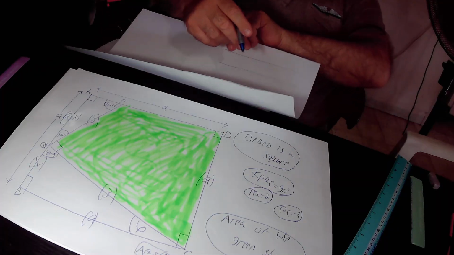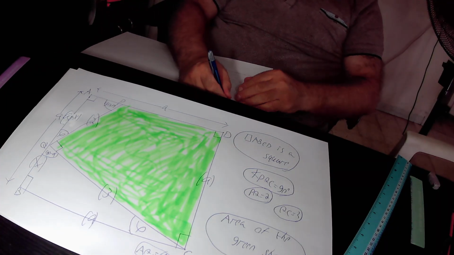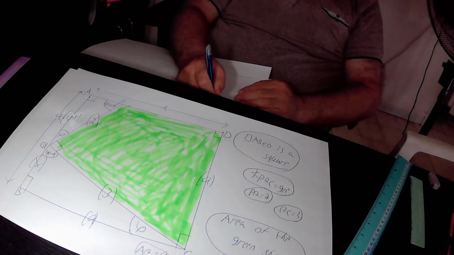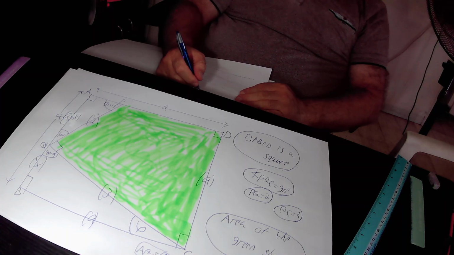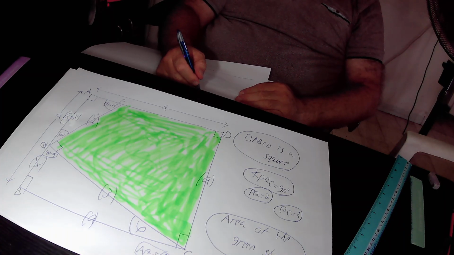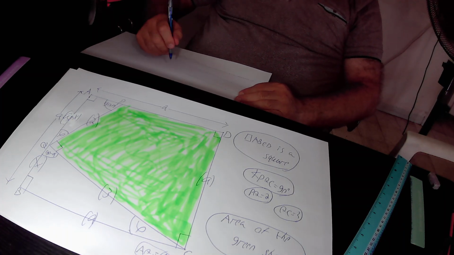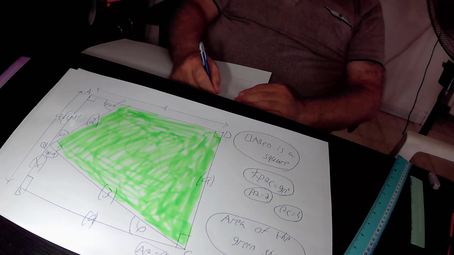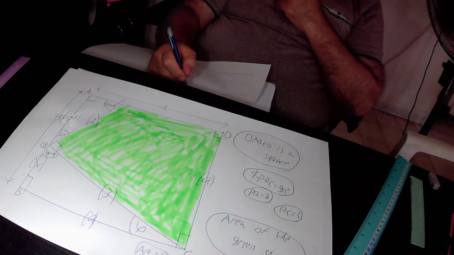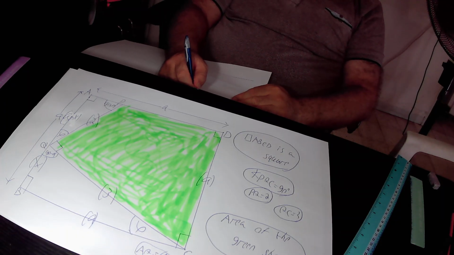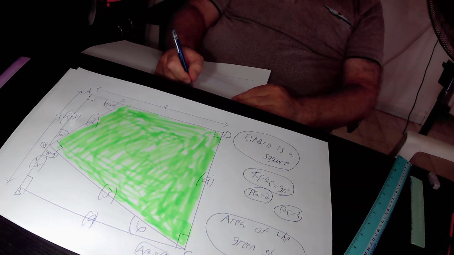AP is the missing side, so we will do it as it is, over QB. QB is X, and it is equal to AQ. AQ is A minus X over BC.